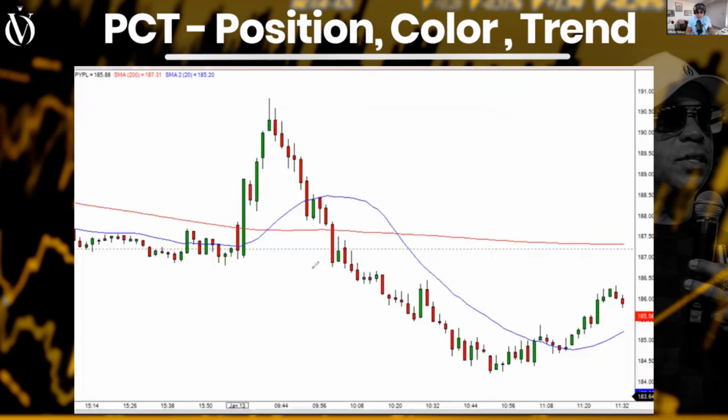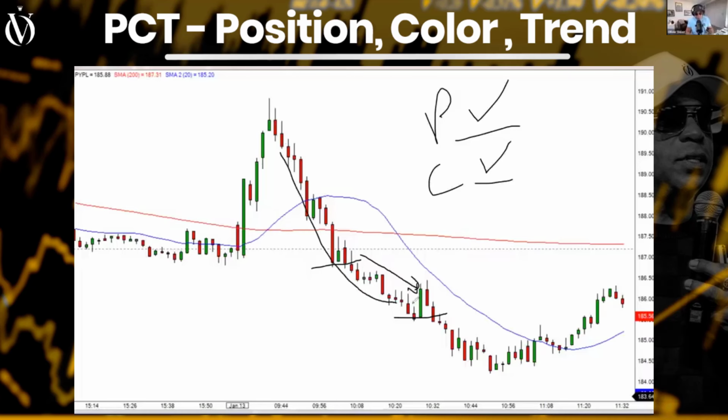All right, is this a color play? Yes, all of them are the same. I'm under the moving averages, betting to the downside. Boom. I'm playing with the dominant color. I'm not trying to buy this green bar here because it's a fat green bar, but all of this red is telling me, why would you bet against me for one showing?